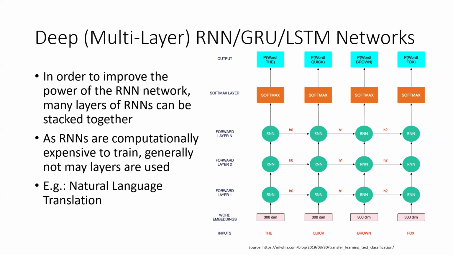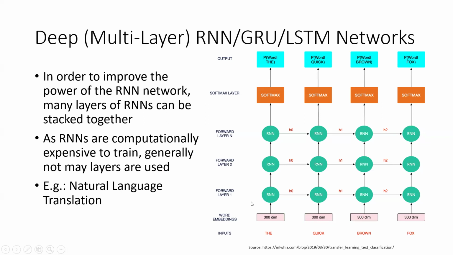But people have done it by adding 2, 3, or a few layers on top of each other, so that we could get very good results, or better results than the single layer recurrent neural network.